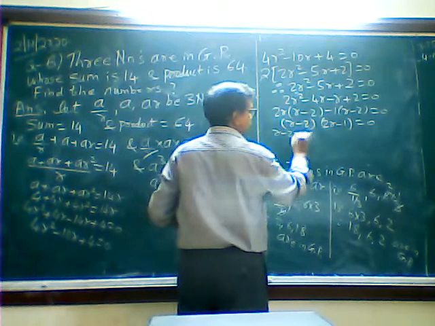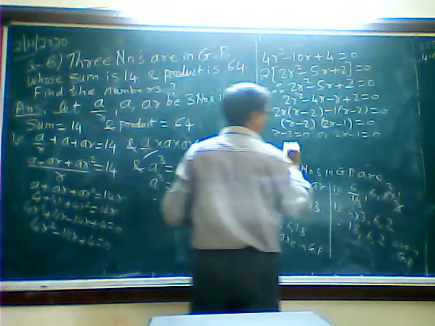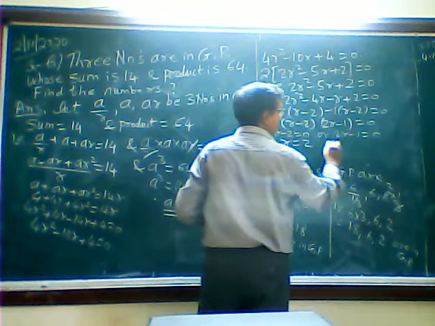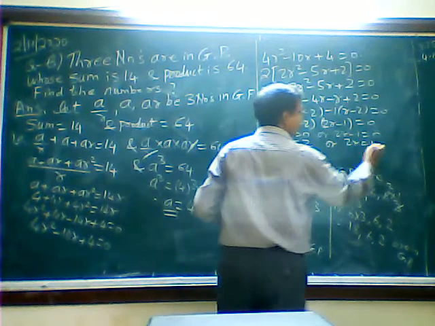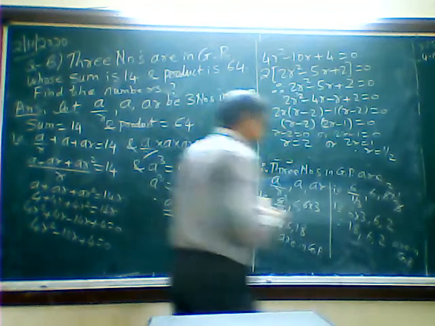r minus 2 is equal to 0, or 2r minus 1 is equal to 0. r is equal to 2, or 2r is equal to 1, therefore r is 1 by 2.